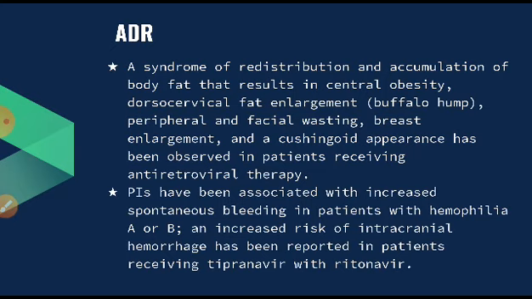Now here are some ADRs of protease inhibitors. A syndrome of redistribution and accumulation of body fat. This is a very big problem related to fat metabolism, and because of that it results in central obesity, right?